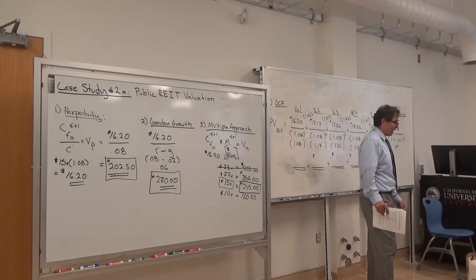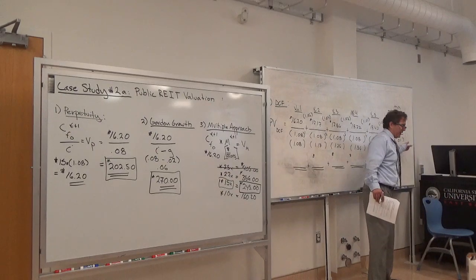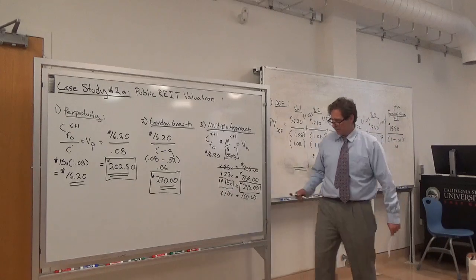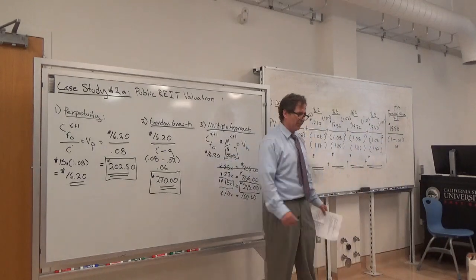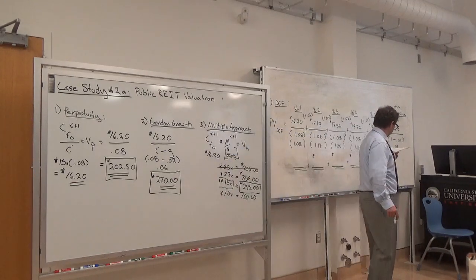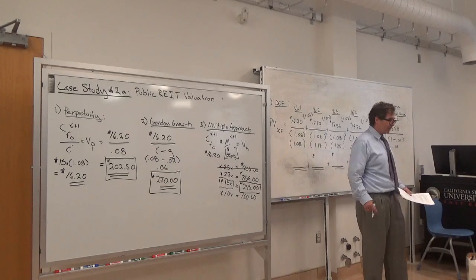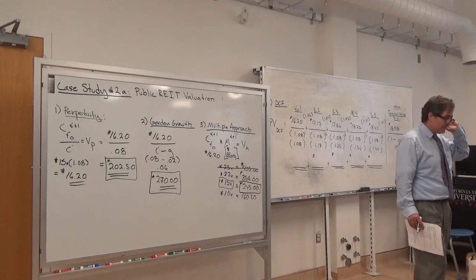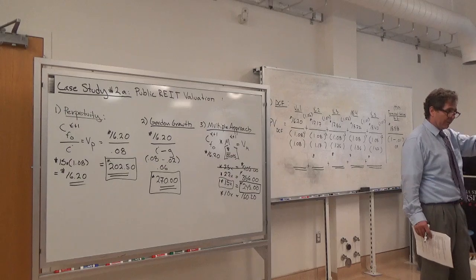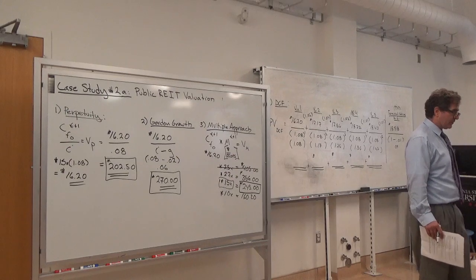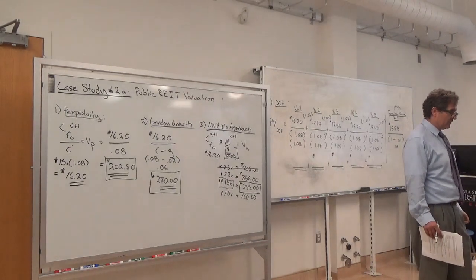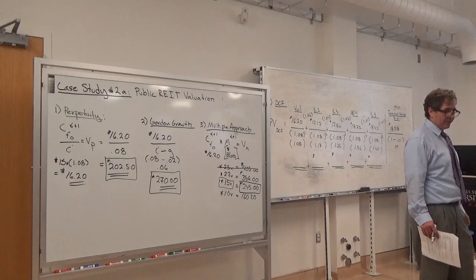And why would I lower the growth rate from 2% to 1%? Because it doesn't grow like that forever. It can't continue to grow higher.